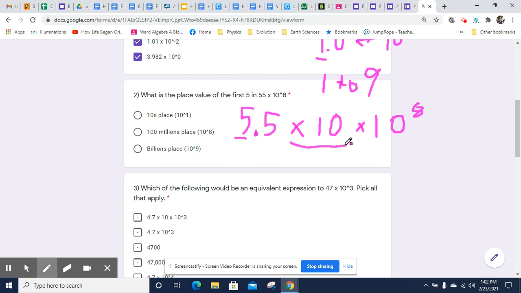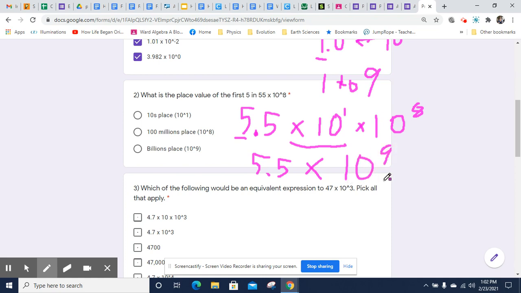I'm moving a factor of 10 out of 5.5 and into 10 to the 8th. Well, that's 10 to the 1st times 10 to the 8th, so that's 10 to the 1 plus 8, or 10 to the 9th power.